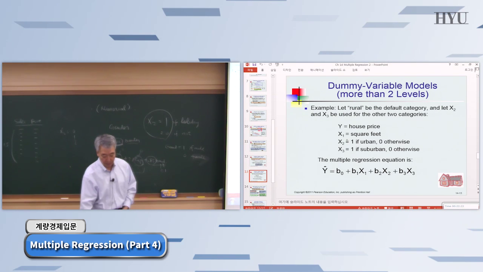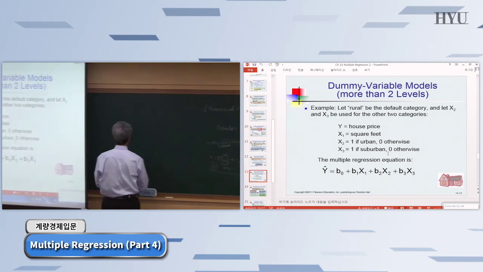That means you assign 1 if that particular house is within an urban area, 0 otherwise. You create another dummy variable, this time for suburban, and you assign 1 if that particular house is from suburban, 0 otherwise.